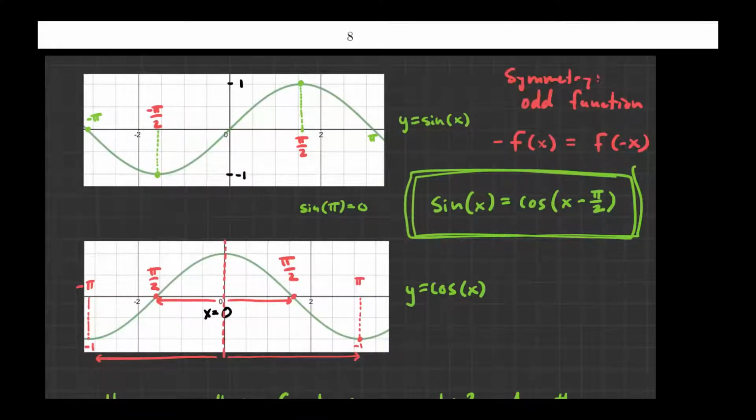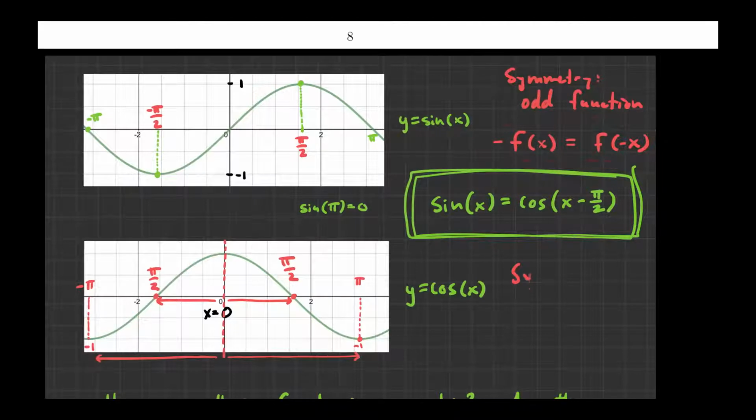So that's what we would call an odd function. And there are many, many odd functions. And these odd functions are really going to help simplify some of our work when we start dealing with something called integrals. So if we can recognize odd functions, that will really simplify a lot of our work. So that's the symmetry of an odd function.